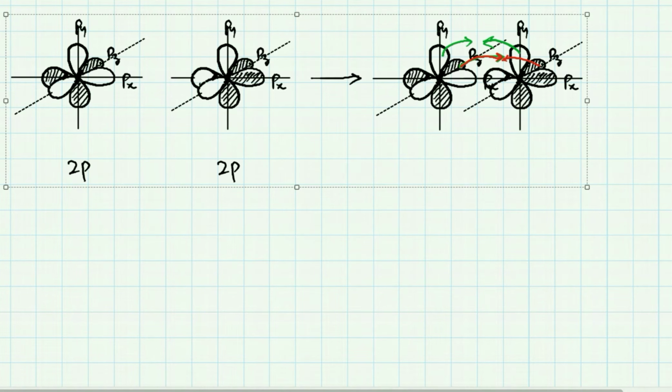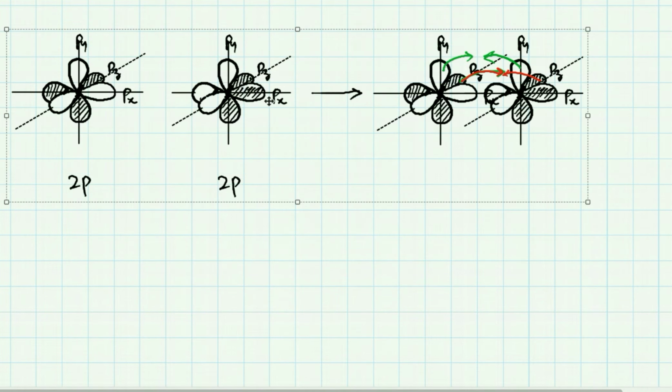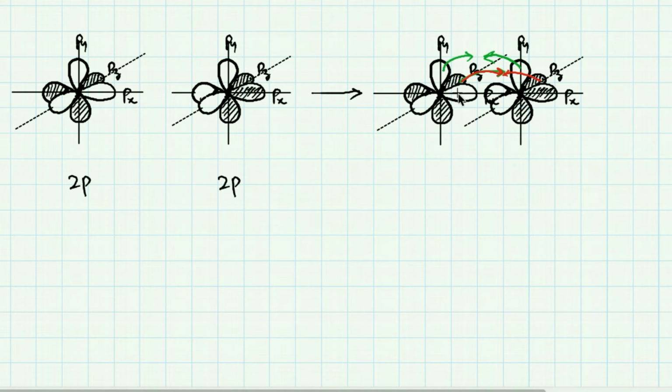Now all these three p orbitals, when they combine together to give rise to the molecular orbitals, as we have seen previously, do not result in the formation of all molecular orbitals being similar. Rather, there are differences in the molecular orbitals produced as a result of the combination of these atomic orbitals.